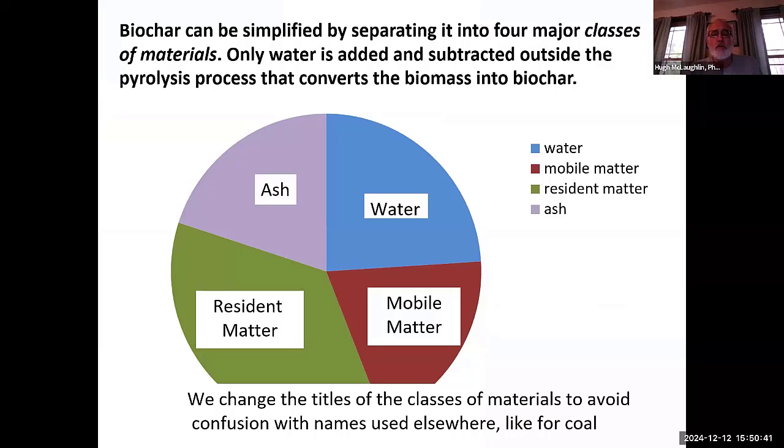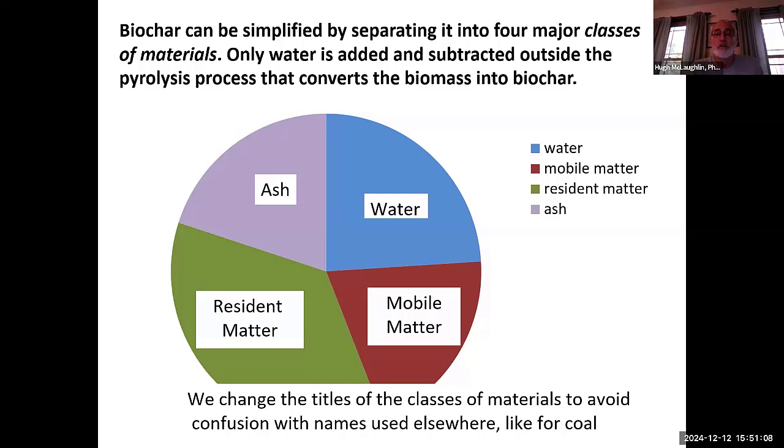Then you have what I call the resident matter and the mobile matter. This is the carbonaceous material, the organic components. There are a lot of names that get used. I, way back in the day, tried to use resident matter, meaning the stuff that tends to stay where it is in the soil, and mobile matter, the material that tends to migrate either into the groundwater or somehow disappear. It's not there 5 years from now.